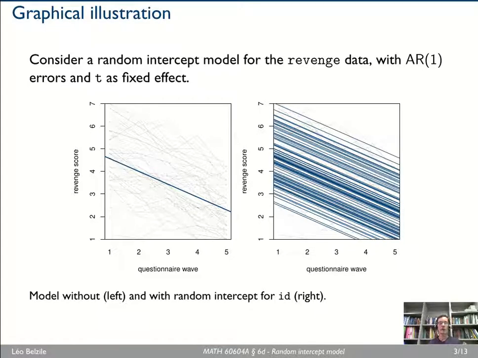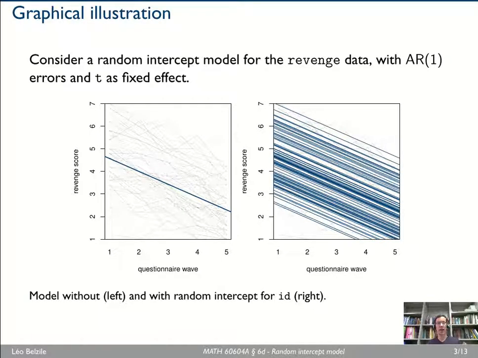On the left, you have the individual trajectories, so the actual observations, and the slope and the intercept, where the overall intercept beta hat naught is something like 4.6, and then there's a negative slope of about minus 0.56.